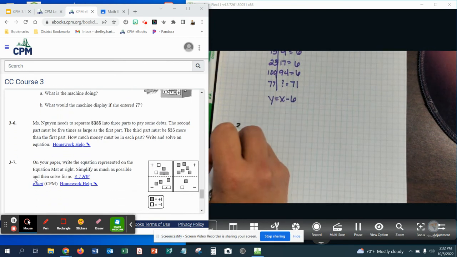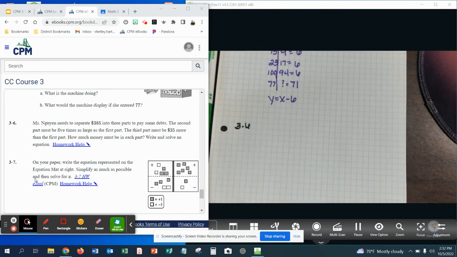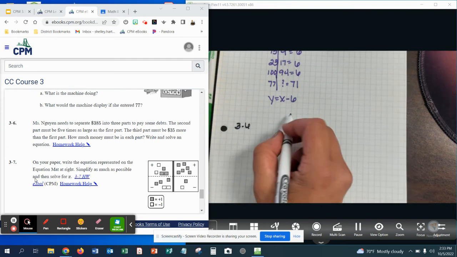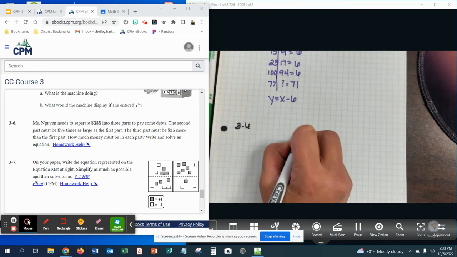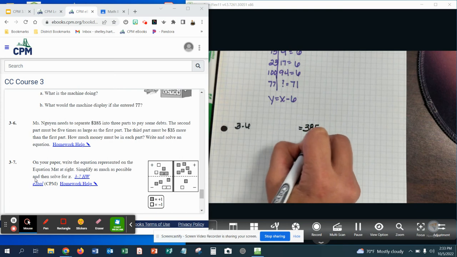3-6 is a word problem that says Miss Nigel needs to separate $385 into 3 parts to pay some debt. So this is your 5D project. What we are going to do is first set this to $385.